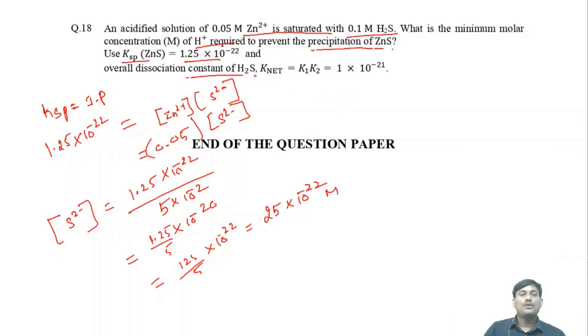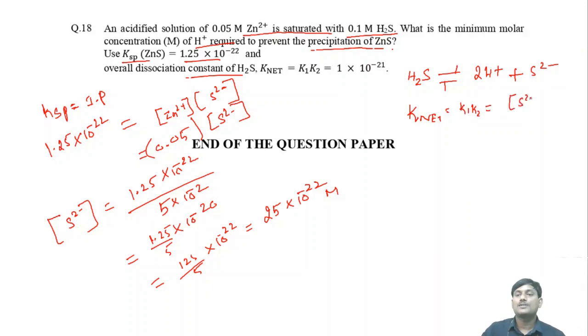Here, the overall dissociation constant. Suppose H2S, what is the overall dissociation? It is 2H plus and S2 minus. Here K net is equal to K1 into K2, which is the concentration of S2 minus and concentration of H plus squared divided by the concentration of H2S.